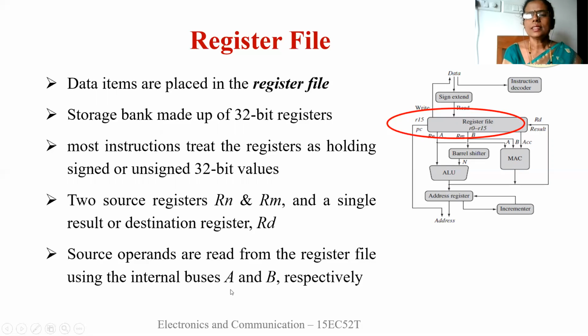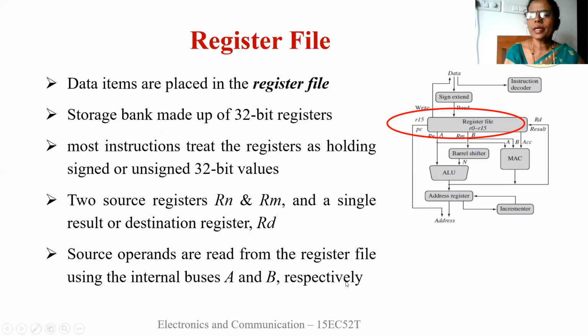And this register file is called a storage bank because it is used to store the data. The storage bank is made up of 32-bit registers. All the registers we used here are 32-bit registers. Most of the instructions treat the register as holding signed and unsigned 32-bit values.